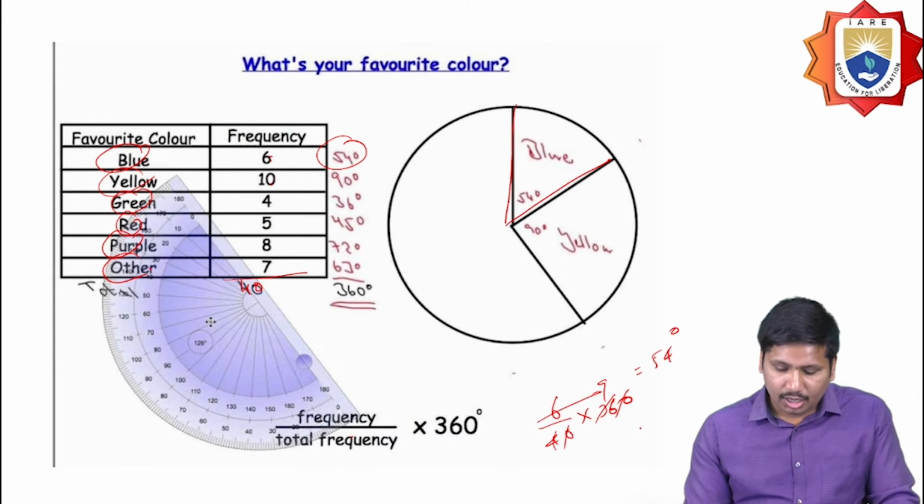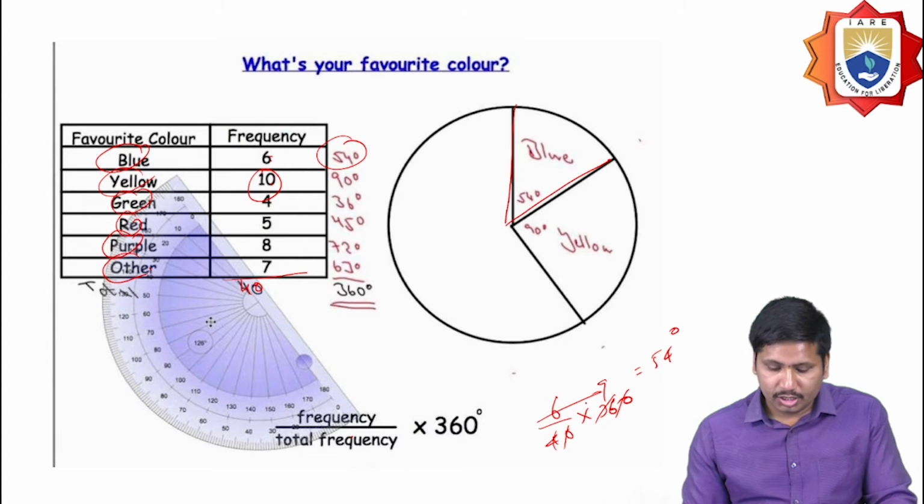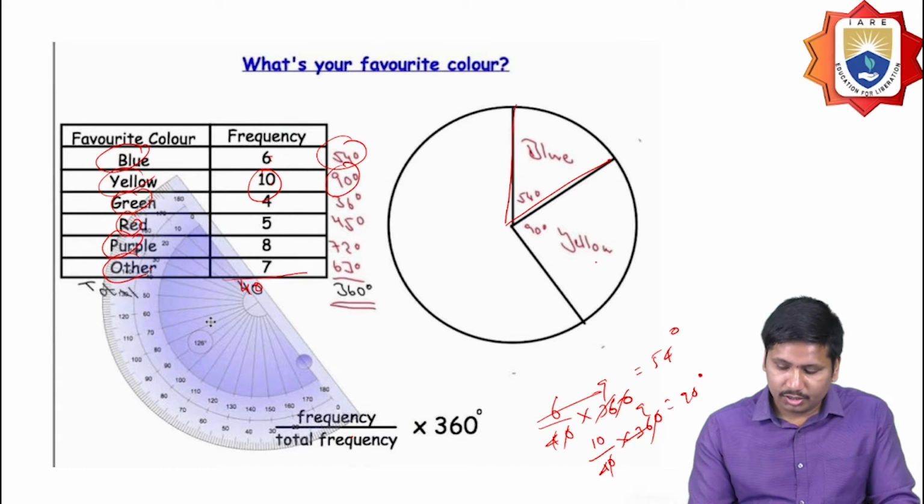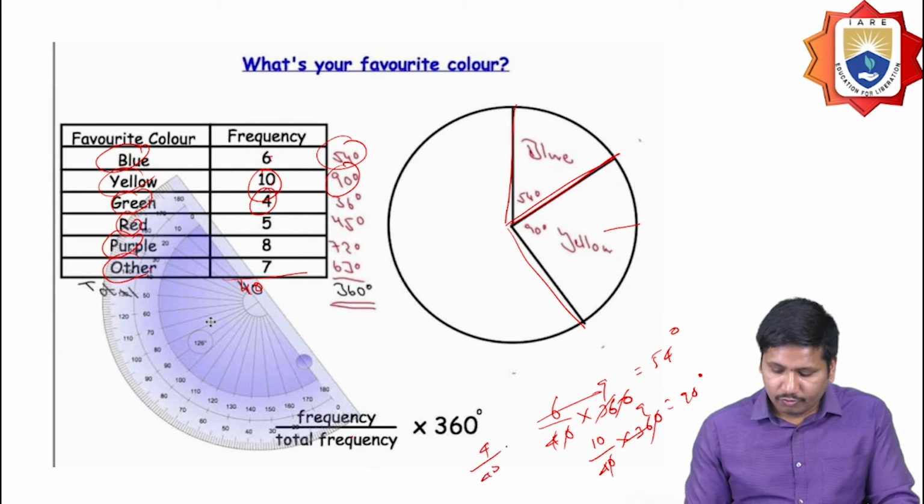Similarly, I want to calculate what should be the angle for yellow. So 10 divided by 40 into 360. So what should be the angle? 90 degrees. So 90 degrees I have to draw for the yellow. And for green, 4 by 40 into 360, that is 36 degrees.